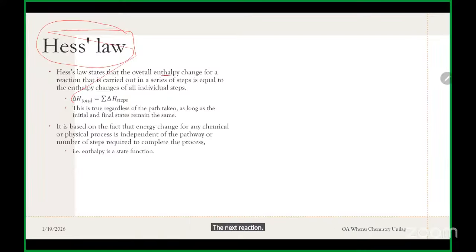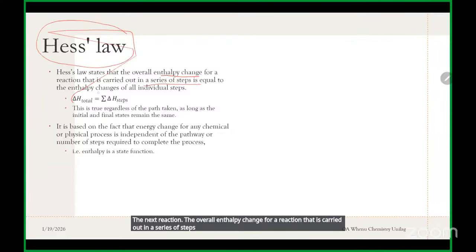The overall enthalpy change for a reaction that is carried out in a series of steps is equal to the enthalpy change of all the individual steps.